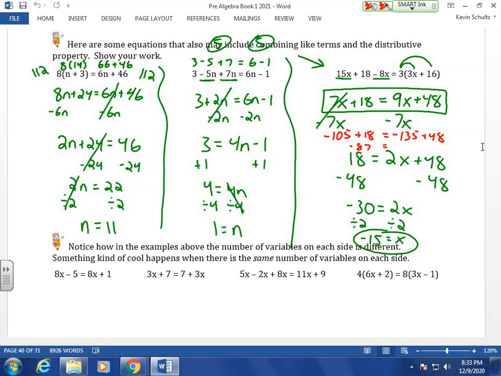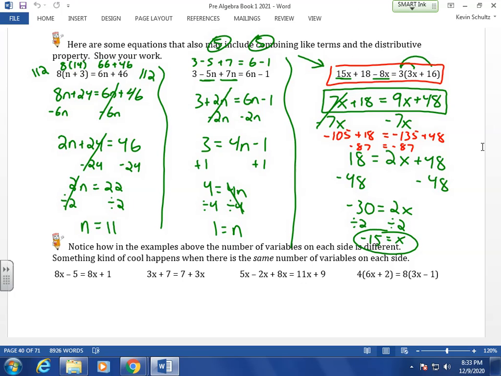Negative 135 plus 48 is also going to be a negative 87. So if you don't have a calculator, or just want to do more of a quick mental check, that might be the way to go there. But it's always best to go back to that original equation and plug in your value for the variable to see if it works. Okay? So there you go. Like I said, that's the summit there.